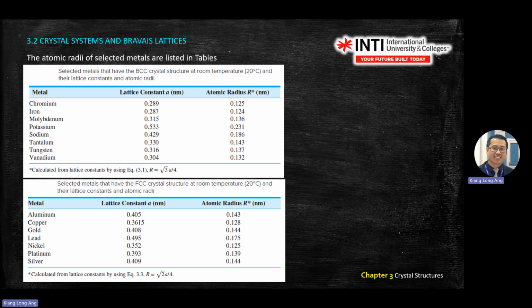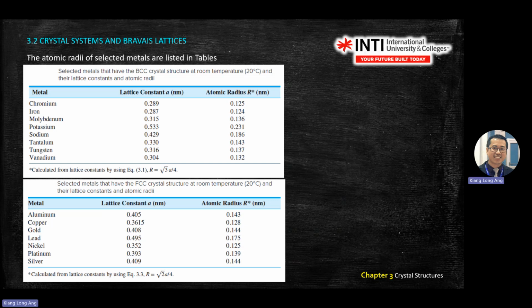You still remember just now we tried to fit some spheres inside. So if the element is chromium, the radius of the chromium here is 0.125 nanometer in radius. Okay, so at this point, even sometimes in the appendix of the question, you will see some helpful calculation formulas there.